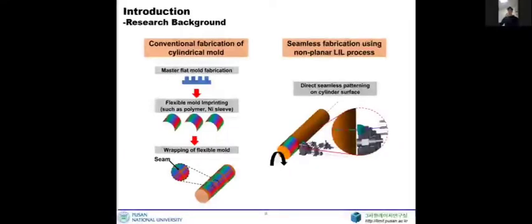However, most cylindrical molds have been fabricated directly, but require an additional lapping process. Because this lapping process may cause inevitable defects, a continuous factory process is impossible. For this reason, demand for a seamless fabrication process has increased.